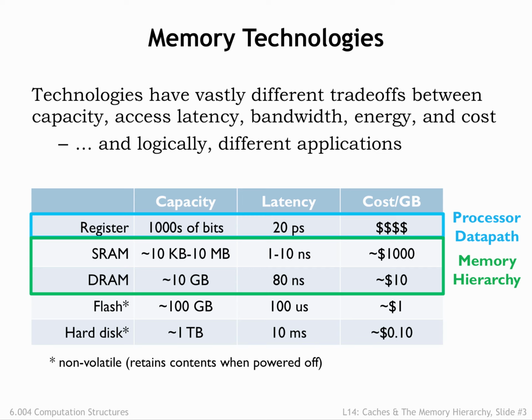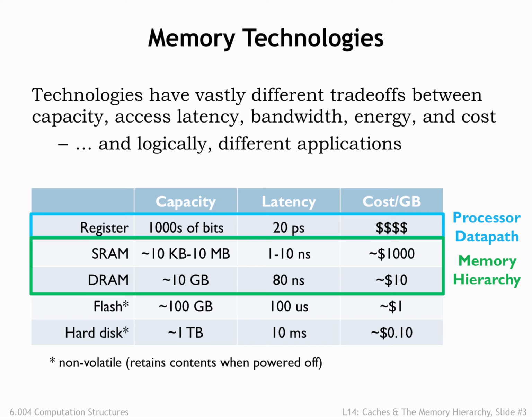Dynamic random access memories, DRAMs, are optimized for capacity and low cost, sacrificing access latency. As we'll see in this lecture, we'll use both SRAMs and DRAMs to build a hybrid memory hierarchy that provides low average latency and high capacity, an attempt to get the best of both worlds.